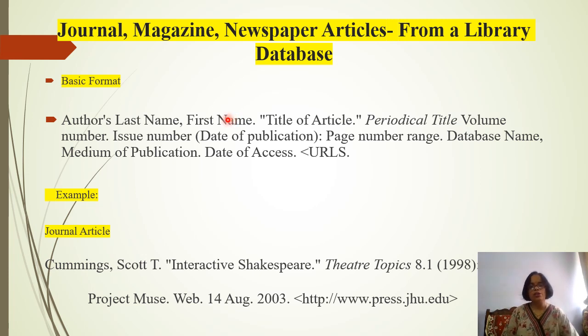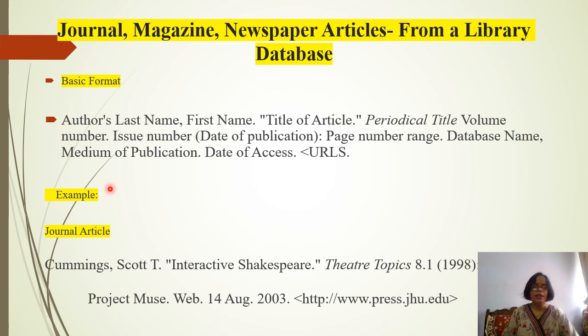It was there in the general rules also, that author's last name and first name and alphabetically arranged. Now, title of the article, then periodical title, the title of the periodical or the journal or the magazine, right? Then volume number, issue number, and issue number means date of publication. We have to write page number, range, database name, medium of publication, date of access, and URL also, right?